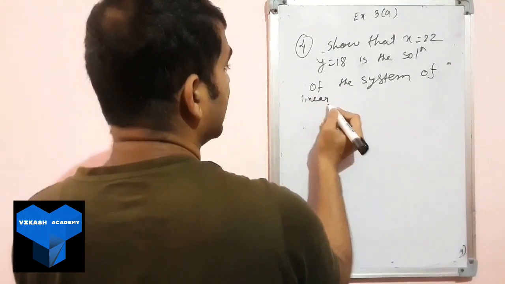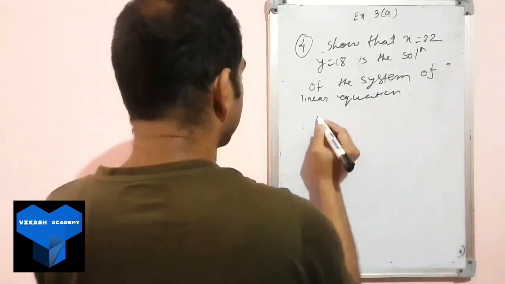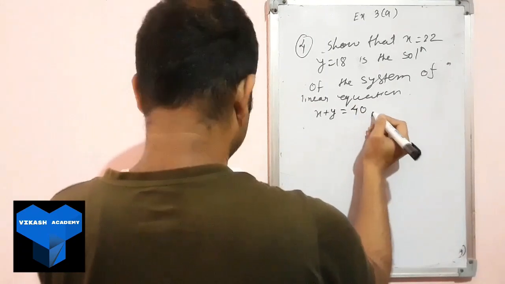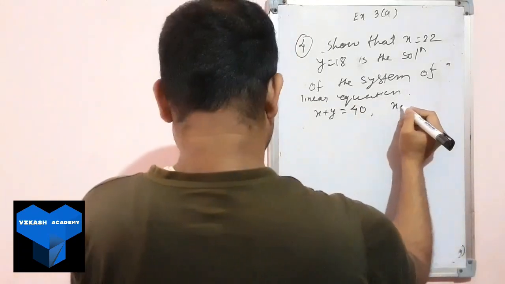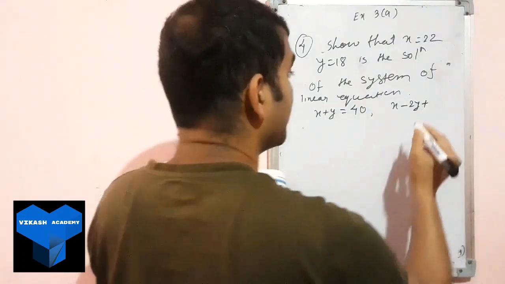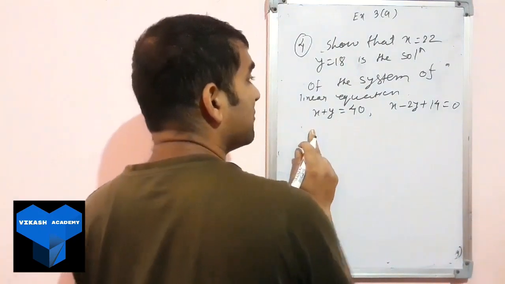We have two equations here. First equation: x plus y equal to 40, and the next equation is x minus 2y plus 14 equal to 0. First we will put the value here and try to show whether it is a solution or not.